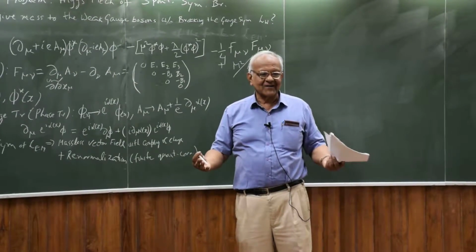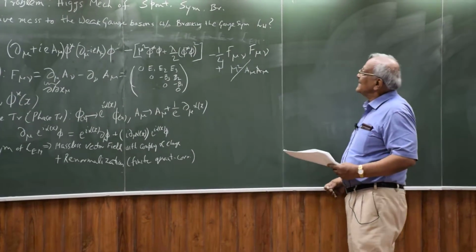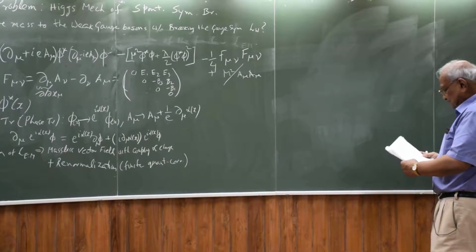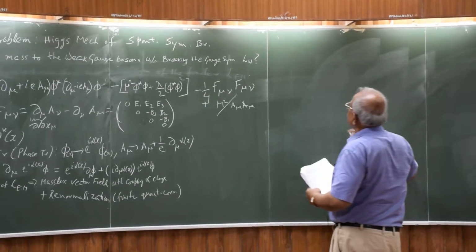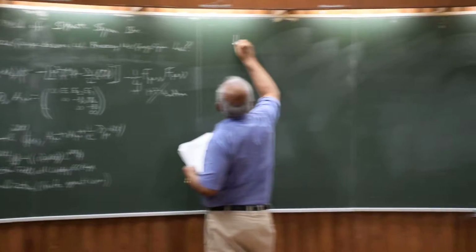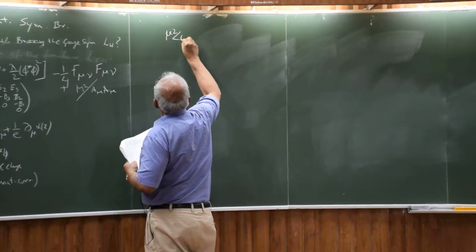Okay? So what he did, he assumed mu square to be negative.